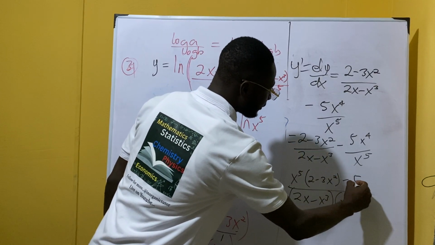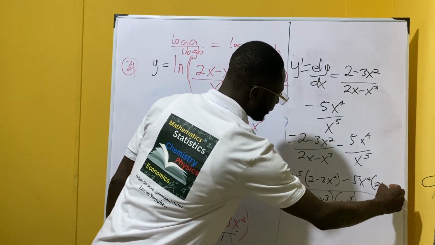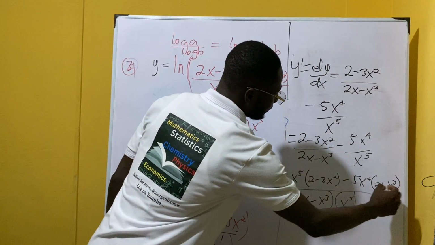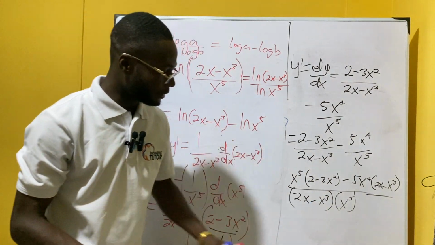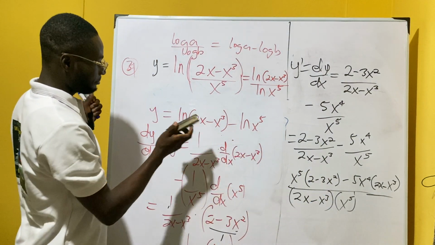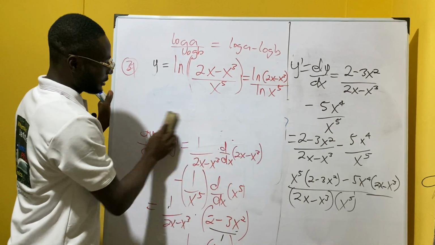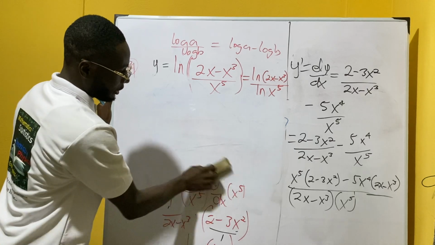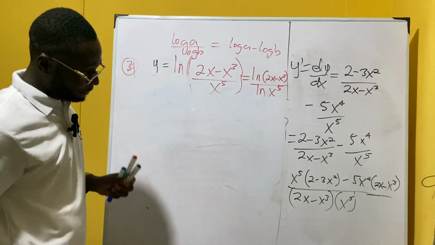So we have 5x to the 4 into (2x minus x cubed). You can as well expand this, and of course this looks a little bit tedious, but it's not very difficult.